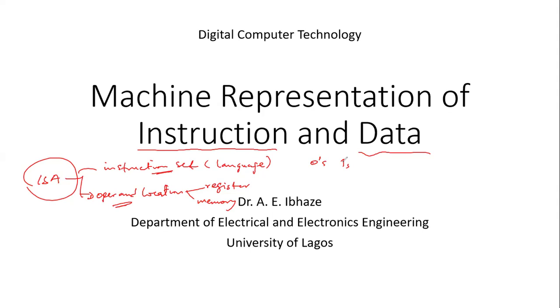So we now say that instructions are encoded in machine language, which are zeros and ones, right?